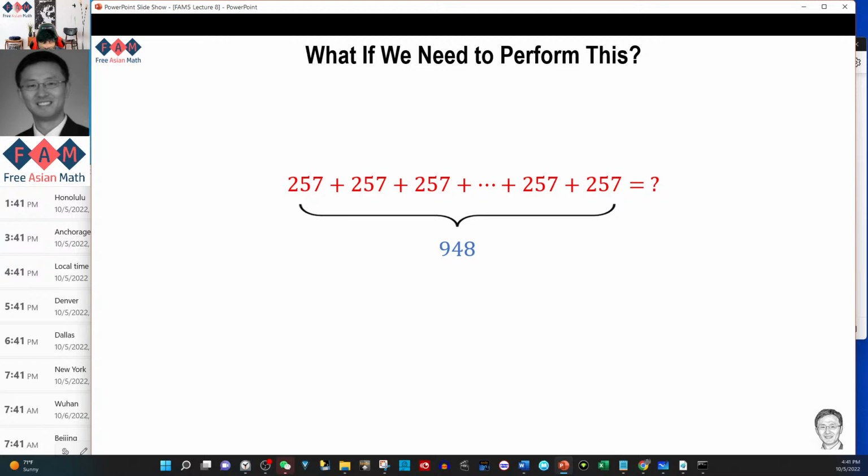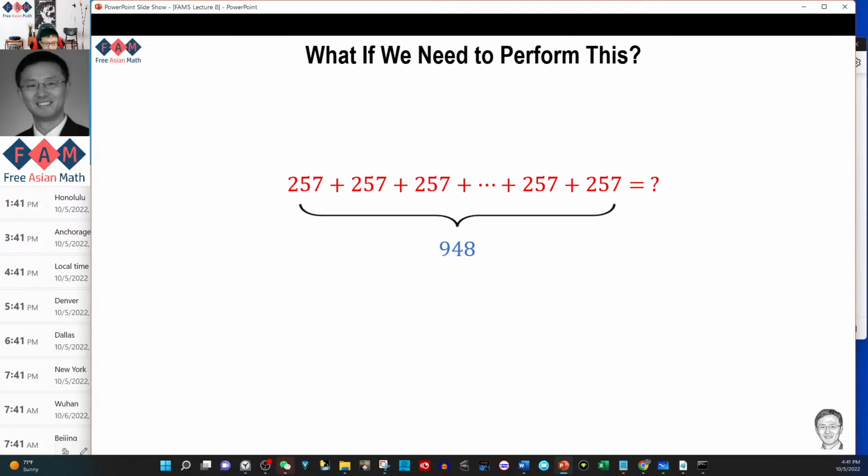So we will have to, if we don't know anything else, remember for now we have not defined what multiplication is. So we only know addition. Therefore, we have to perform this 947 times. There's no shortcut.